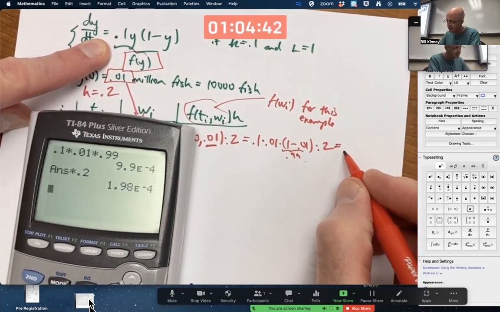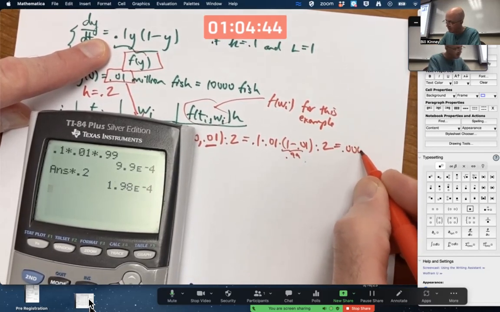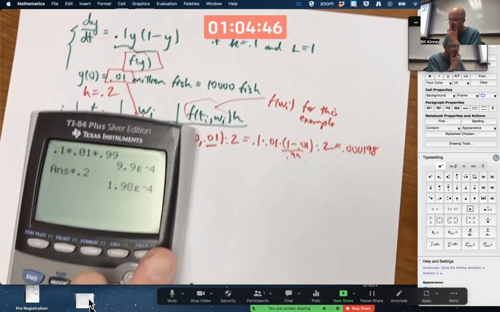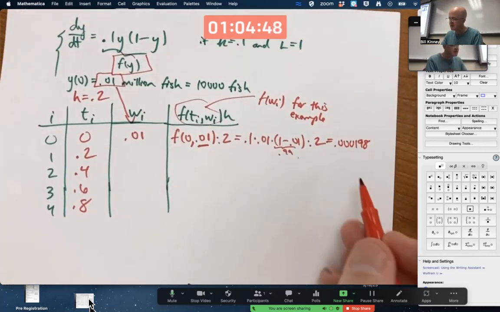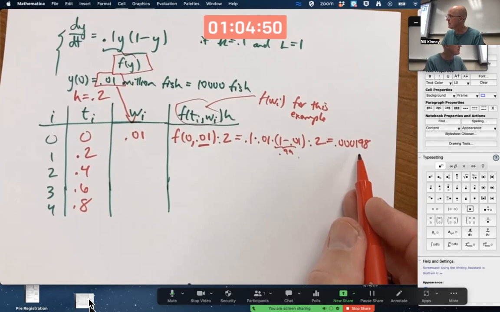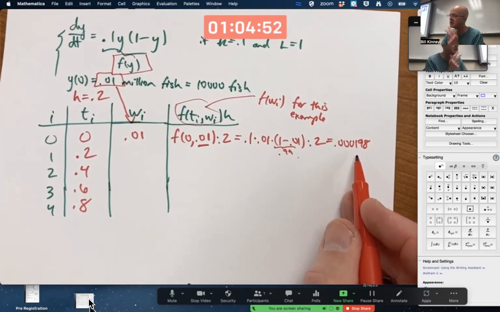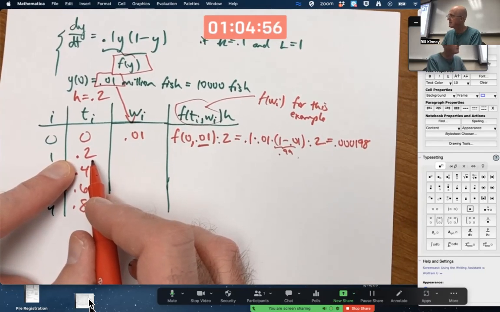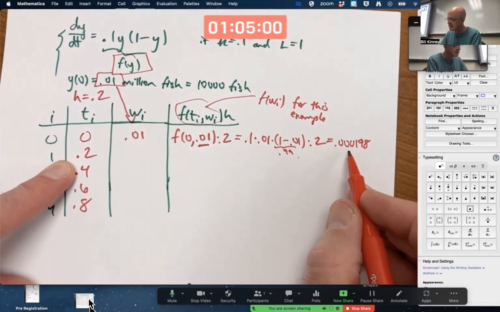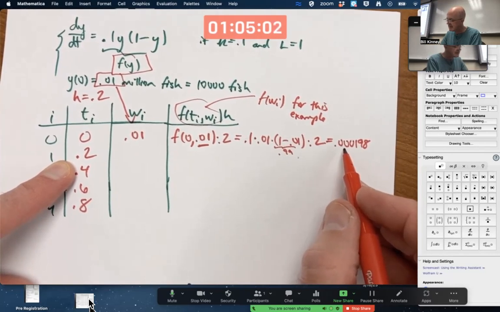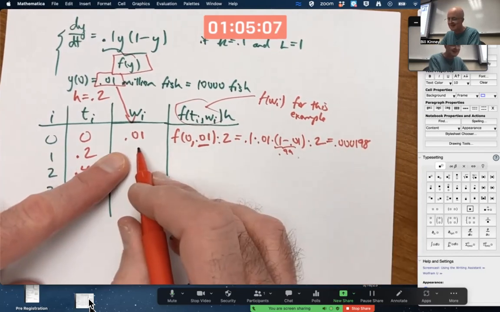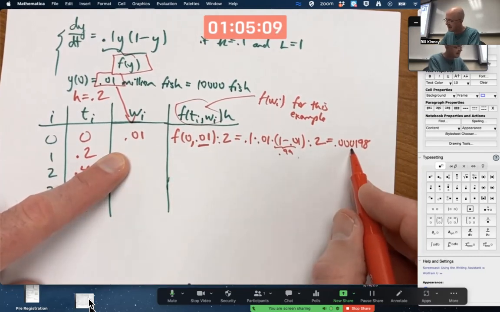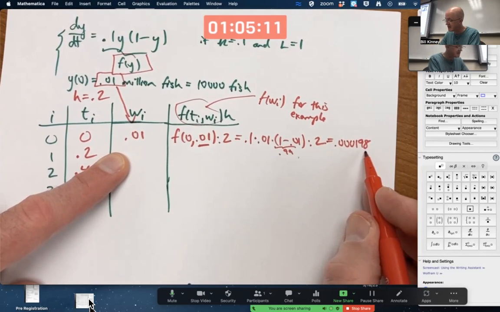In ordinary decimal form, this would be 0.000198. That would be your approximation for how much the fish population grew during the first one-fifth of a year, a little more than 2 months. In millions, what would this be? This was 10,000, I guess 198 fish.